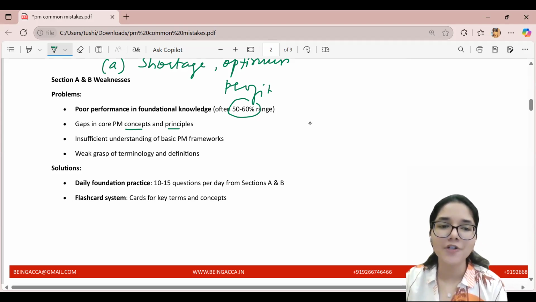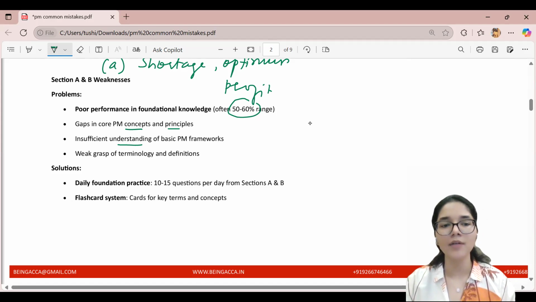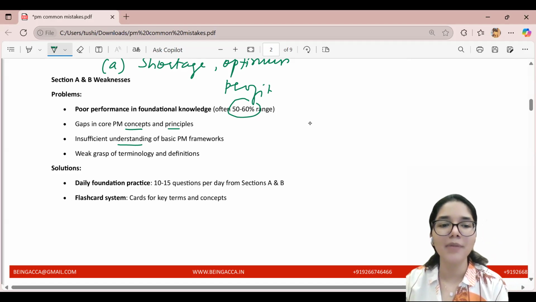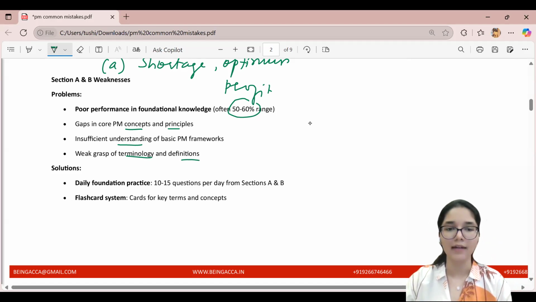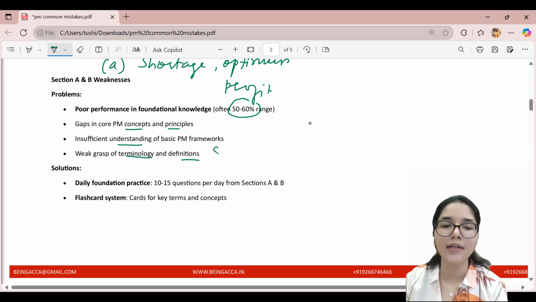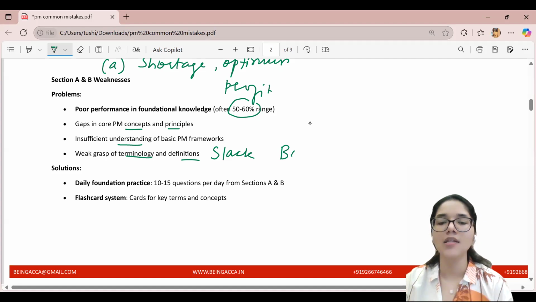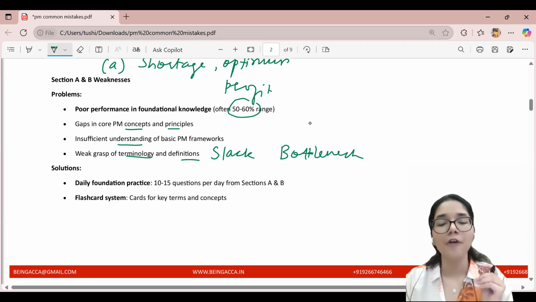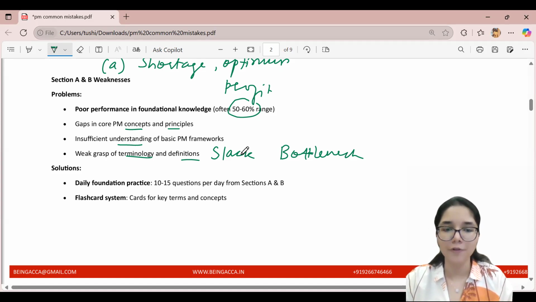Maybe you have insufficient understanding, you know the concept a little bit, but not up to the level required for the PM exam. And sometimes maybe the terminology and definitions are not very clear to you. Usually this could be some particular terms like slack, like the bottleneck resources. These are a few very basic terminologies which every student should know the exact meanings of. If you do not know the terminology, if you do not know the definitions, you probably don't know the PM syllabus.